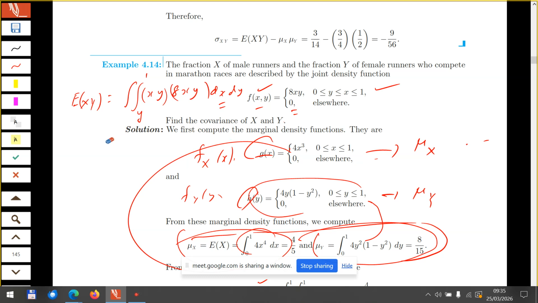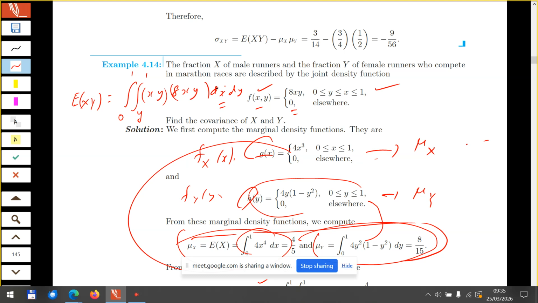Between 0 and x. It will be between 0 and 1. Why? Because y and x are equal in that limit. Yeah, you have to go with the upper limit, right?